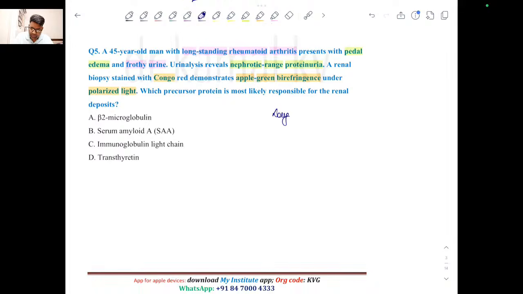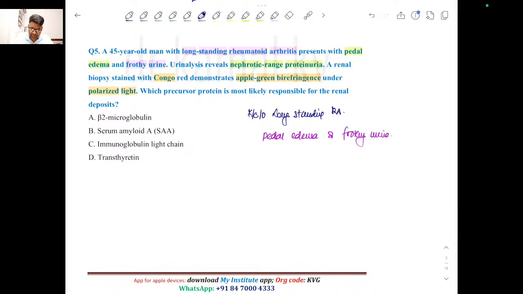So here the patient is a known case of long-standing rheumatoid arthritis. Now he is having kidney involvement leading to pedal edema and frothy urine.